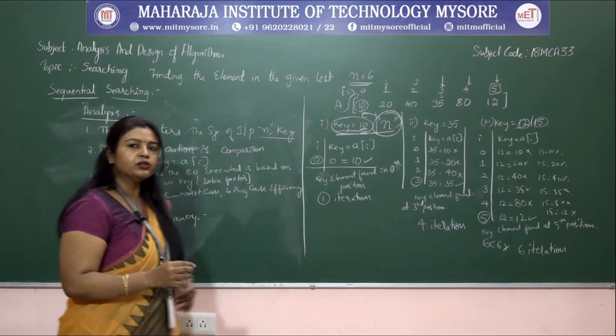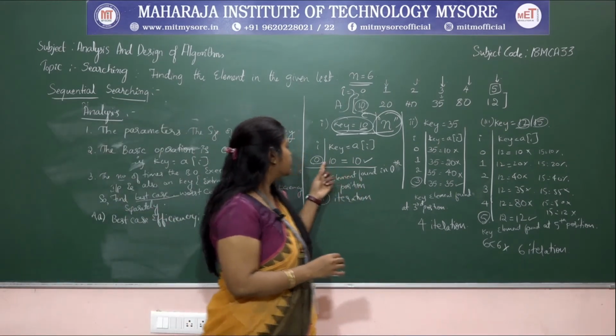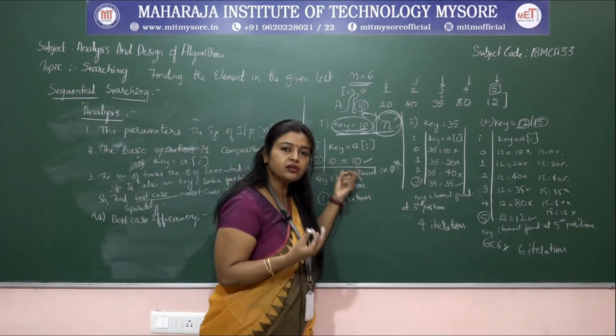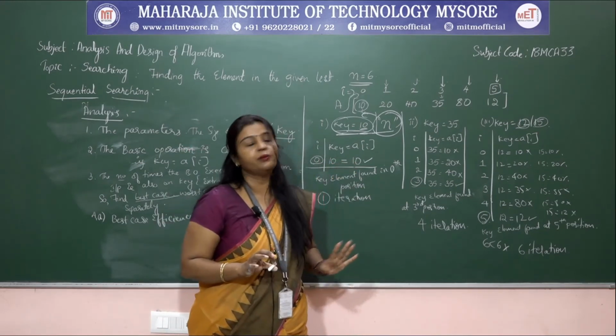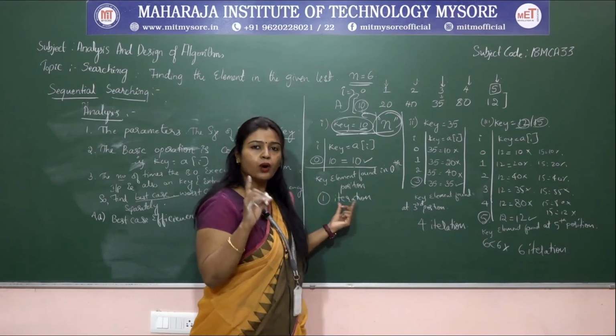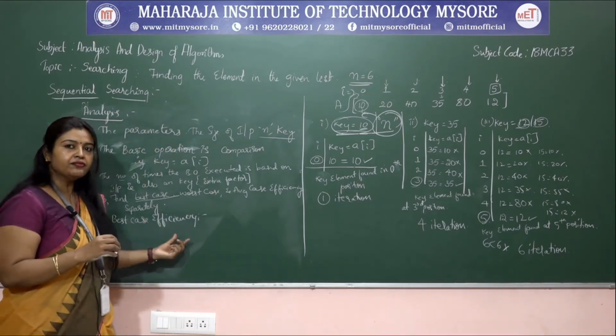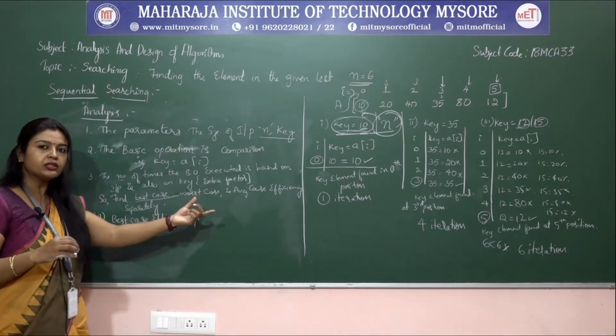So if you want to find out the best case efficiency, here in the first position itself the array element got found. That means how many times has the basic operation been performed? Only one time. So what is the best case of this algorithm?